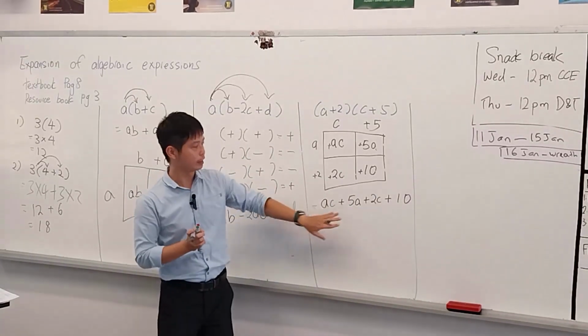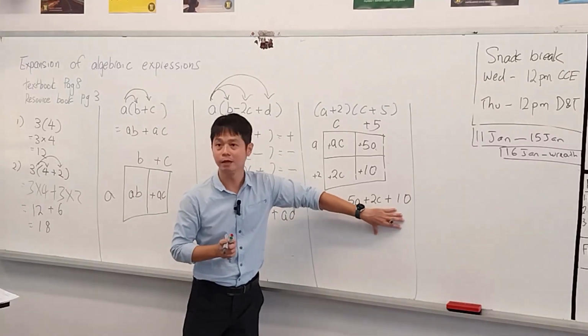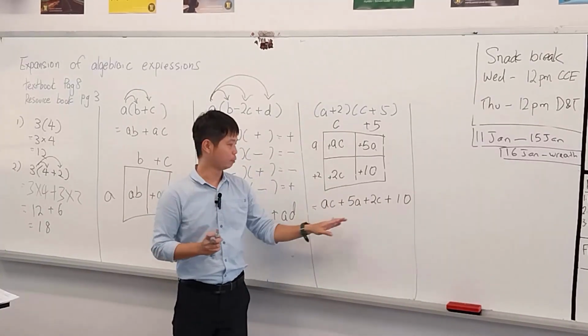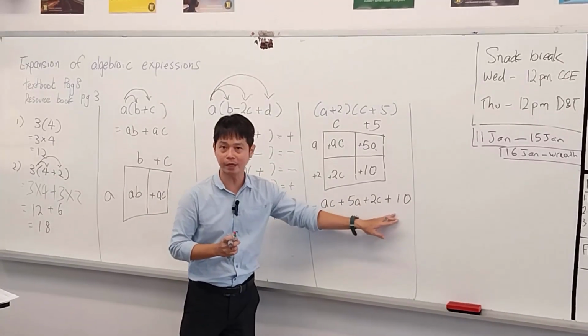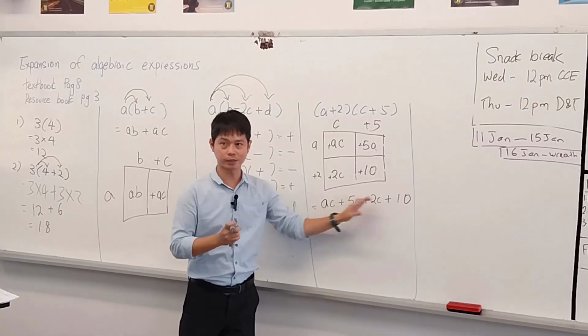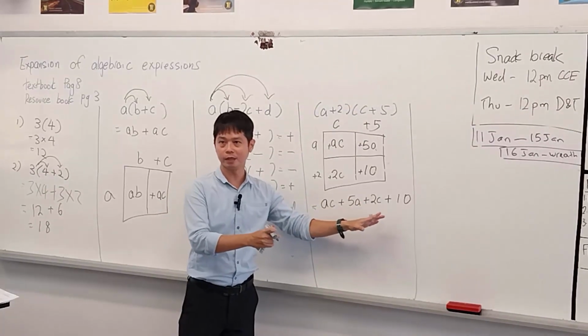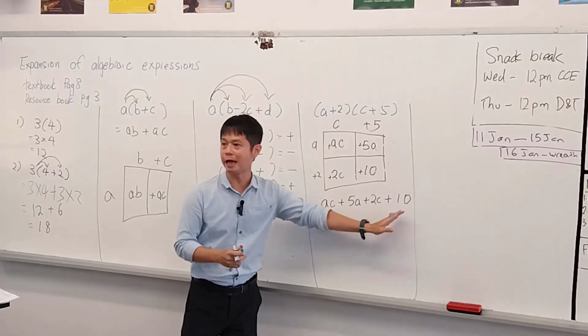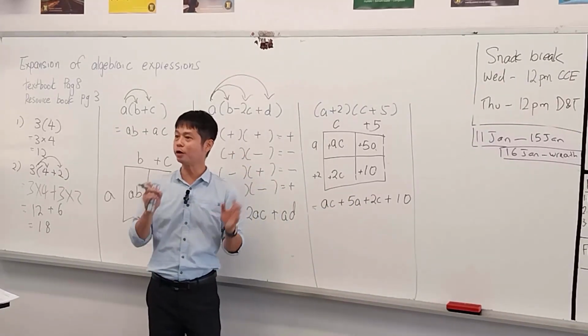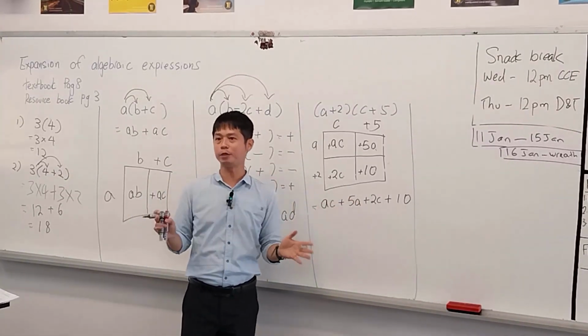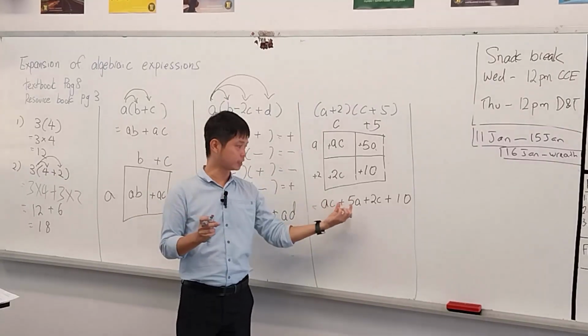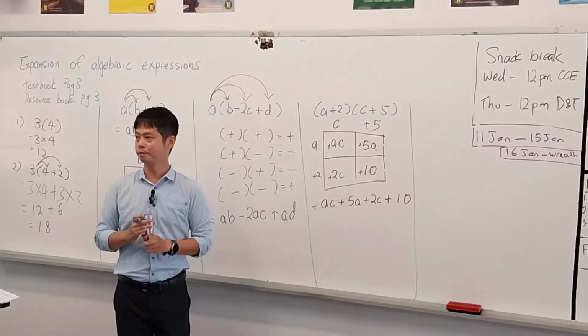So we cannot have another AC somewhere here. Otherwise, we got to group them together. We cannot have another A here, or C here, or a number here. So we look at these 4 terms, they are all unlike terms. So if they are all unlike terms, that's where we stop. If they are like terms, you got to add them up.